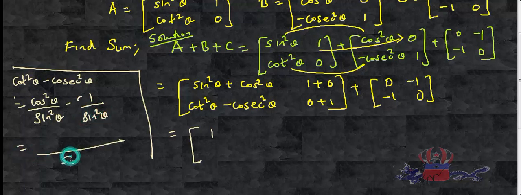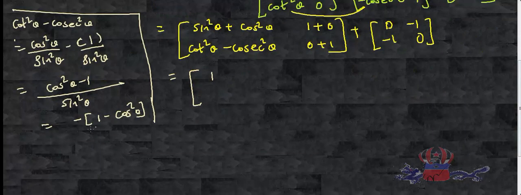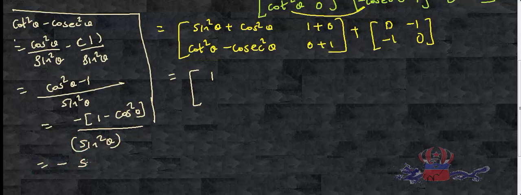Taking the LCM as sin²θ, we would now have (cos²θ - 1) over sin²θ. This can be rewritten as negative of (1 - cos²θ) divided by sin²θ. Now, 1 - cos²θ would be sin²θ, and that has to be divided by sin²θ. Cancelling the sin²θ, I would now get -1. I did all this just to show that cot²θ - cosec²θ is -1.